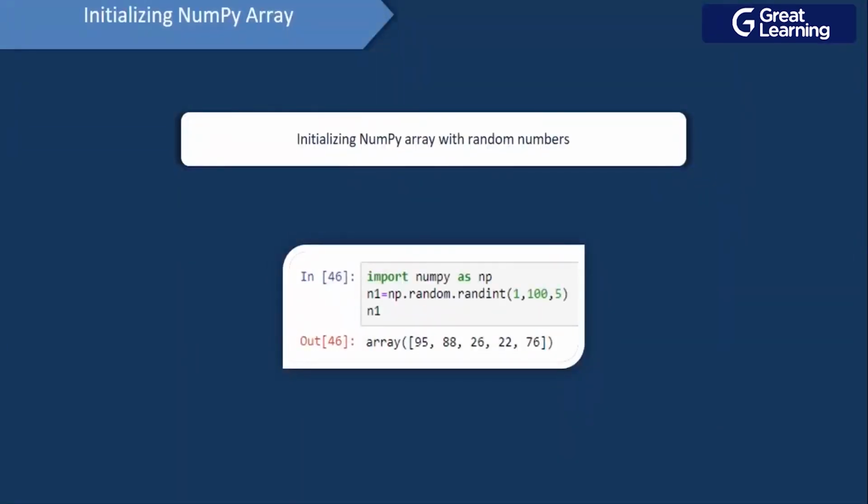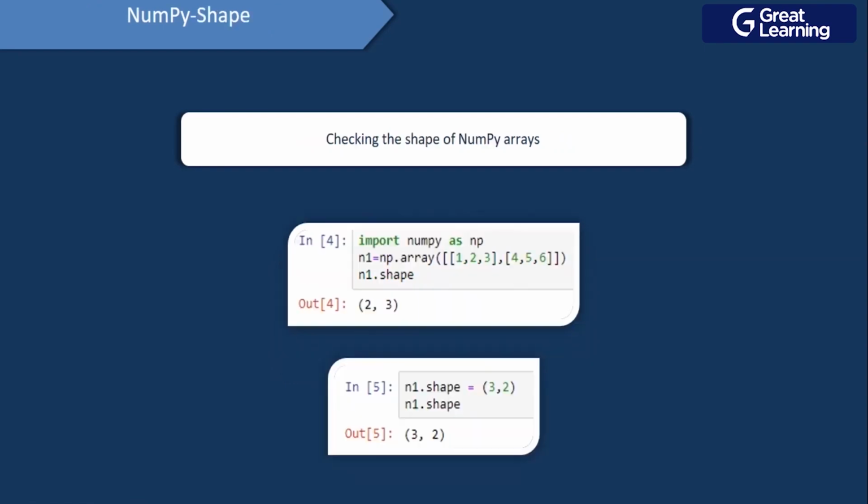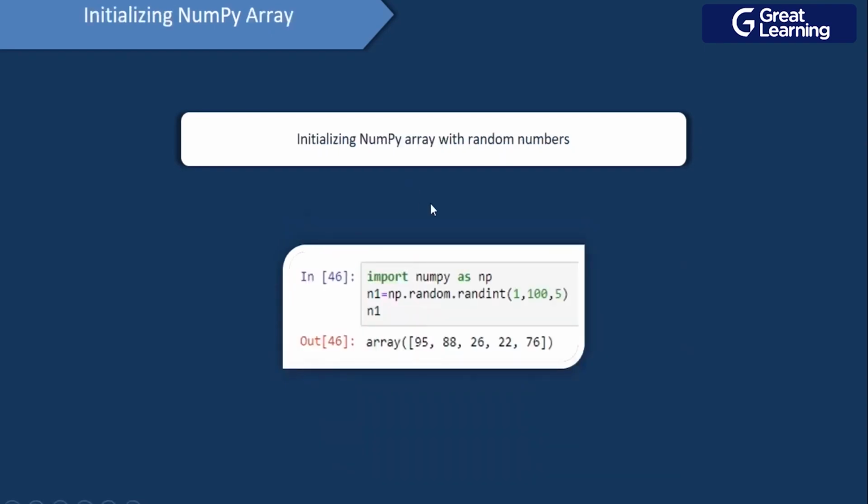Now we can also go ahead and initialize a NumPy array with random numbers. And to initialize a NumPy array with random numbers, we can use random.randint. So here we are invoking np.random.randint, and over here we have three parameters. The first two parameters basically indicate the range from which we would want the random numbers.